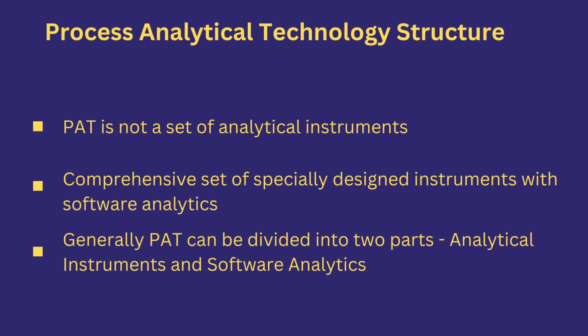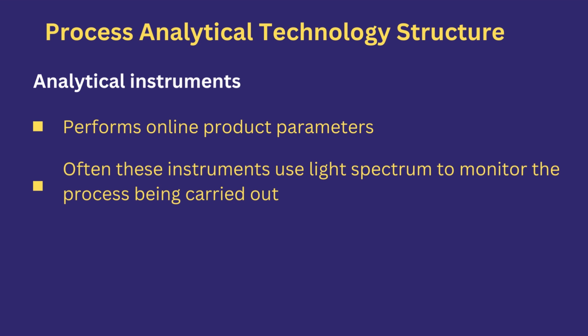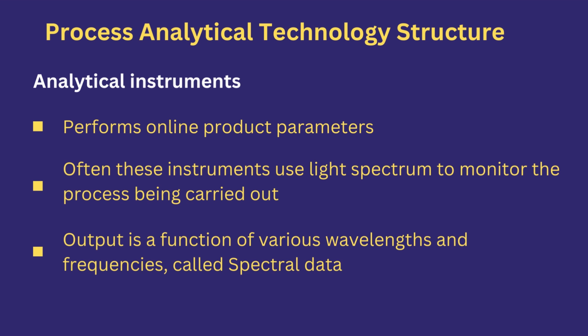Generally, PAT can be divided into two parts: analytical instruments and software analytics. Analytical instruments perform online product measurements and include the physical instrumentation system. Instruments are specialized and use the light spectrum to monitor the process being carried out.